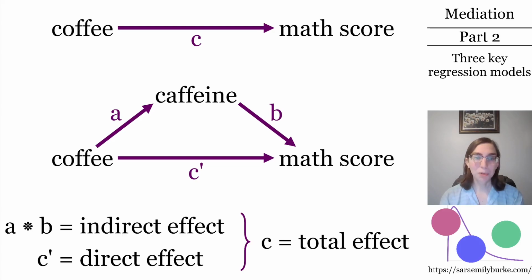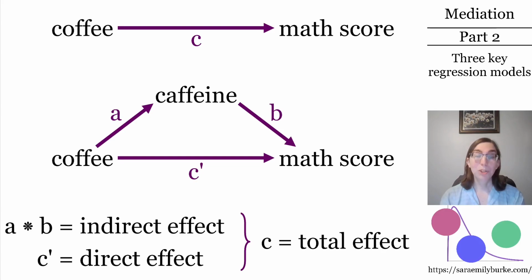If coffee operates through caffeine, at least in part, then some of the variability in math test scores that is due to coffee will be redundant with the variability that is due to caffeine. But caffeine has extra variability that isn't due to coffee, and this extra variability should also influence math test scores if the theory holds. So we should be able to detect a relationship between caffeine and math test scores even when we hold coffee constant.